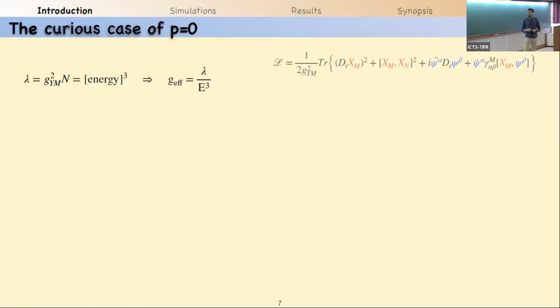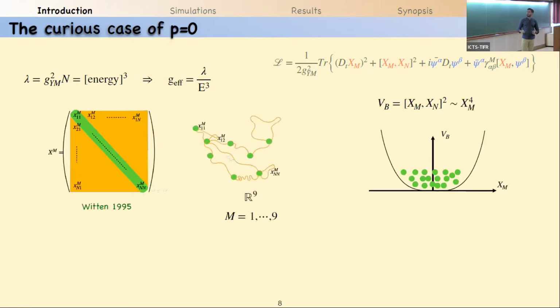So as I said, the 't Hooft coupling is dimensionful. So I can create an effective dimensionless coupling by dividing with appropriate powers of energy. And the idea that holography works in this case is that, take for example, the bosonic matrices written in red here.